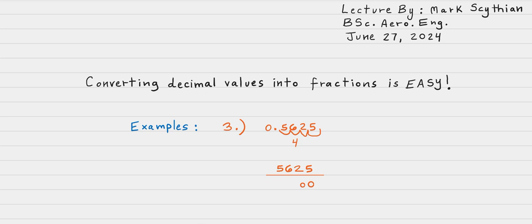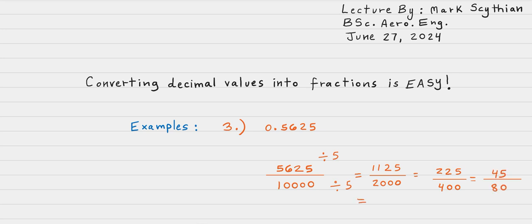So we place 4 zeros, 10,000, and again, numbers ending with 5 and 0 are always divisible by 5, so we can reduce the fraction into lowest terms. So we get 9/16.